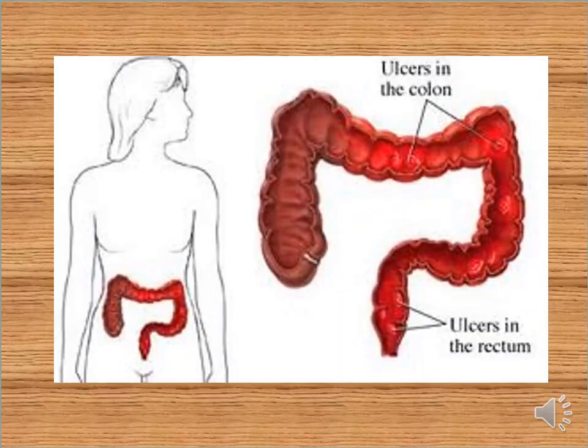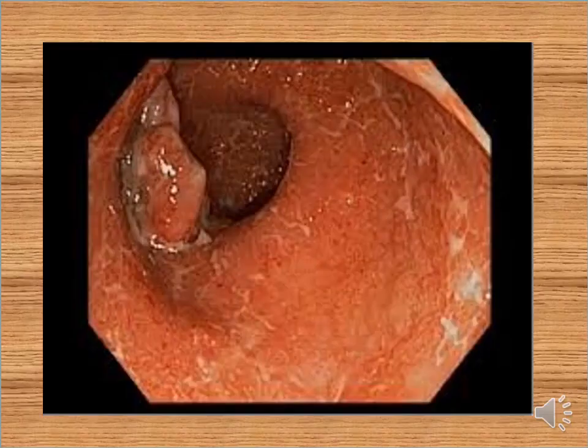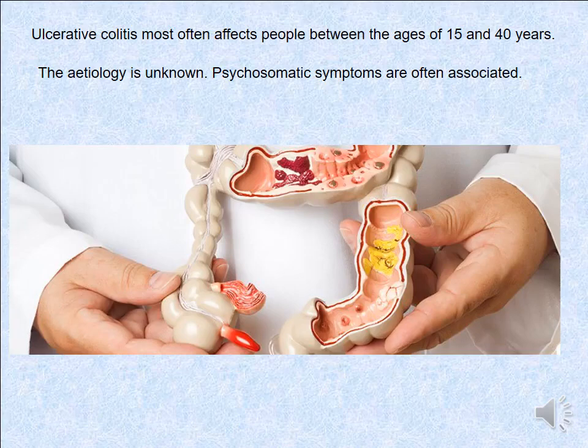The ulceration involves the large bowel, transverse colon, and descending colon, and leads to the rectum. The staging of ulcerative colitis: stage 0 is small ulceration, stage 1 larger, and stages 2, 3, and 4 lead to perforation of the large intestine. The pseudopolyp occurs in the lumen of the intestine.